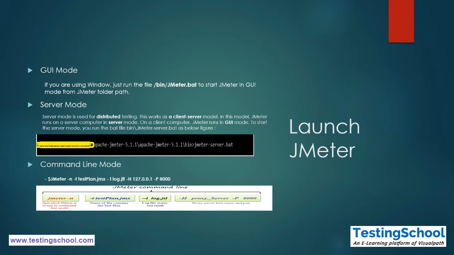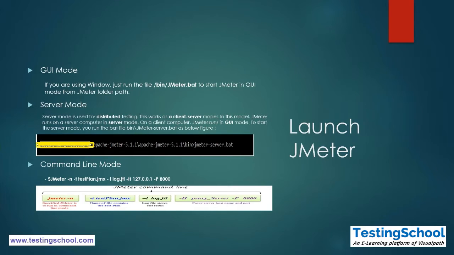Why we are using server mode and what is distributed testing, that we will cover in a different topic in the latter part of the tutorial once we move forward with the JMeter basics.